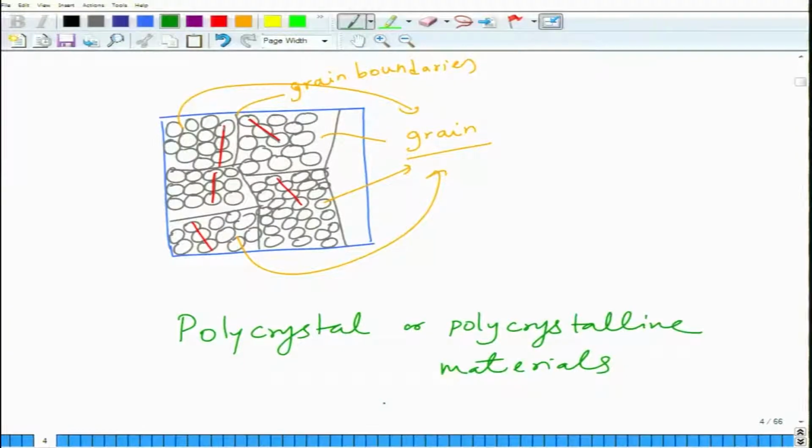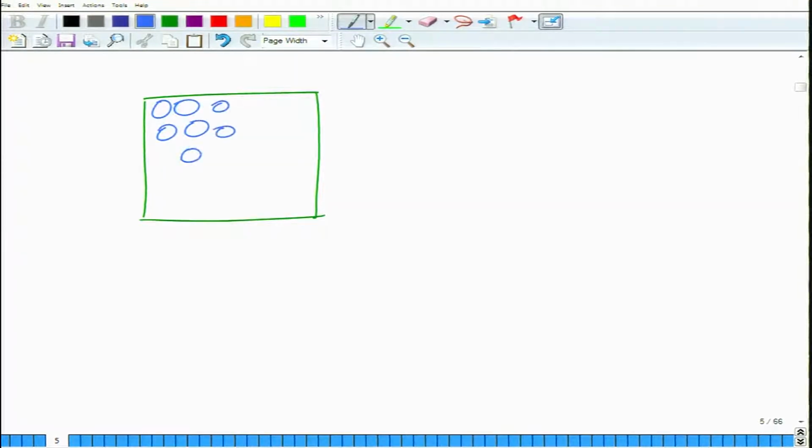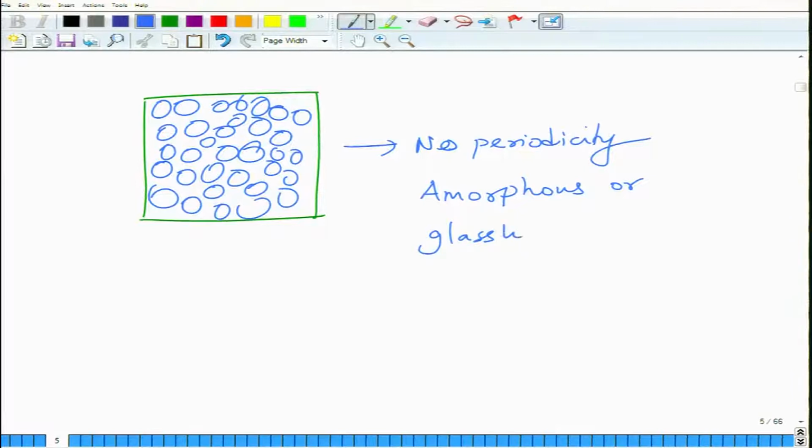Most materials happen to be polycrystalline, okay. So, grain boundaries do exist in most materials, and in some cases you can have an atomic structure where there is no periodicity, at least no long range periodicity, and as a result this is called amorphous or glassy solid, okay.